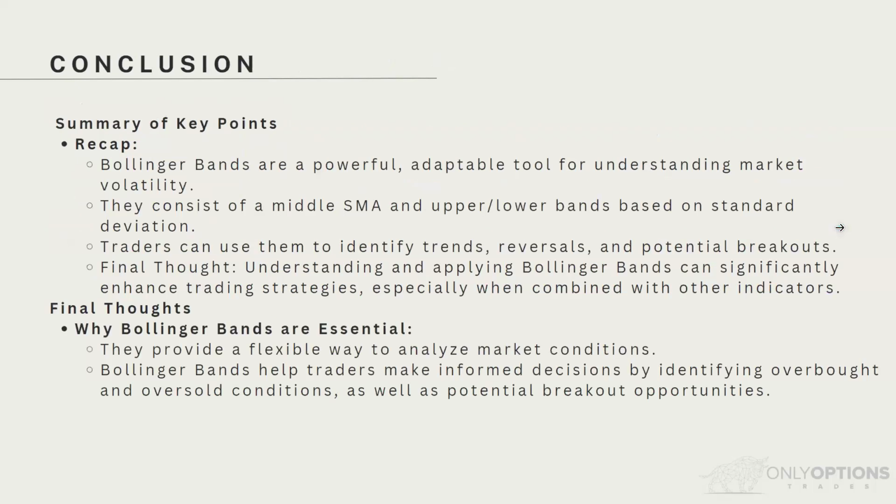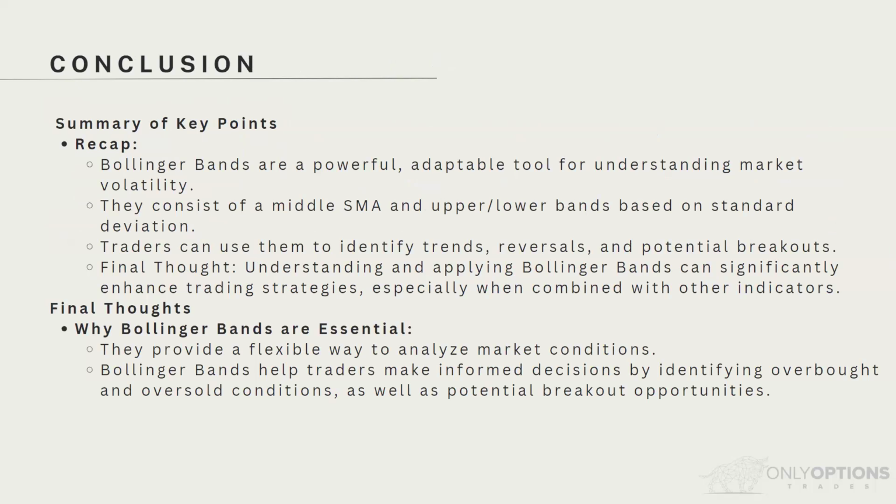And the conclusion: Bollinger Bands are super powerful and a very adaptable tool to understand market volatility. Remember, they consist of a middle simple moving average, which is normally the standard 20, and we have an upper and a lower band, which is normally plus 2 and minus 2 standard deviations.